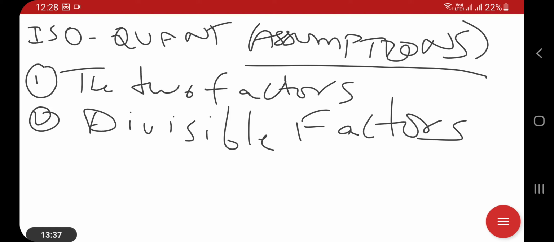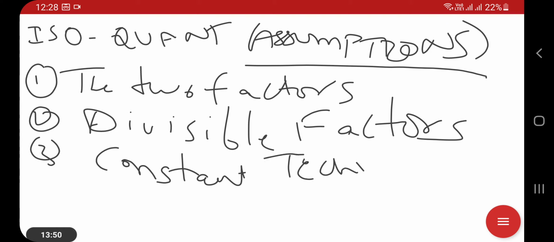And constant technique. What is this constant technique? The production process is constant while seeing the isoquant curves.